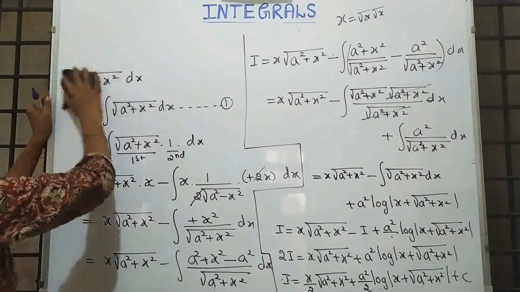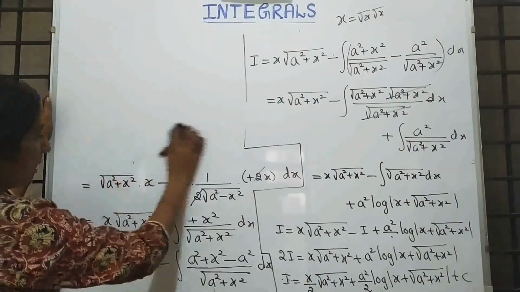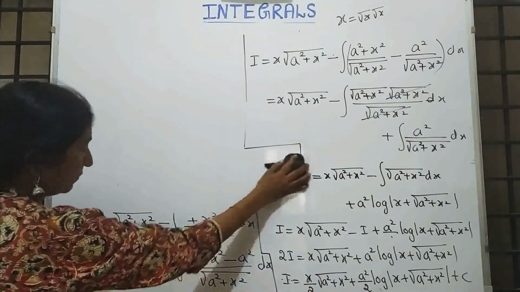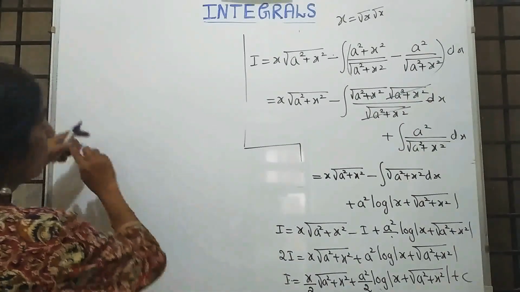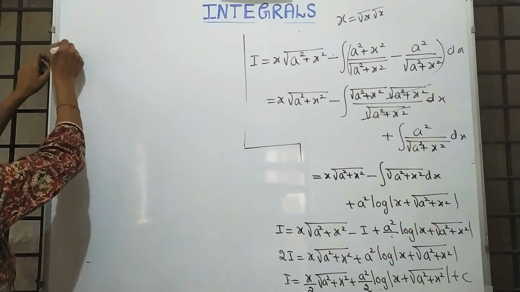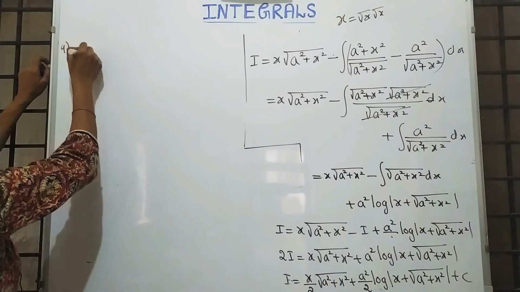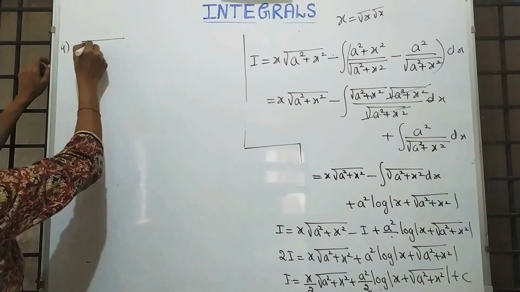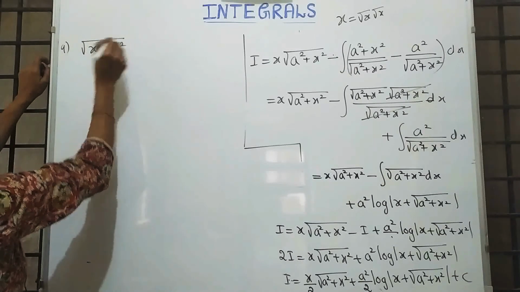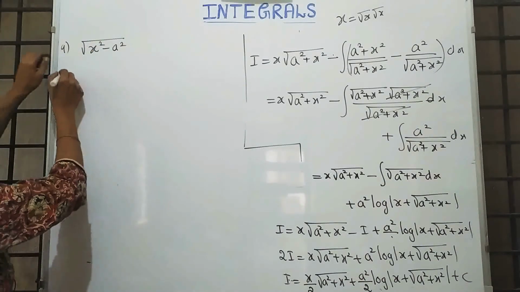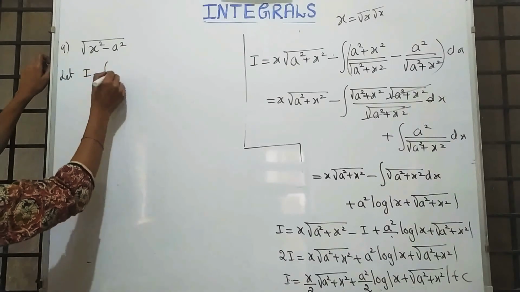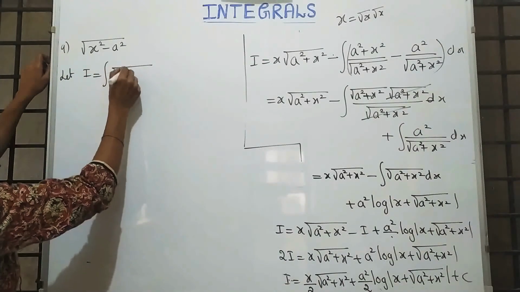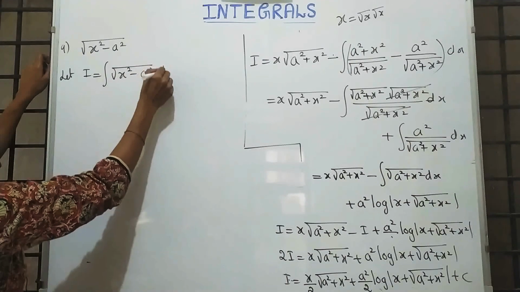9th, again I am solving each and every step. 9th is what? 9th one is find the integral of root of x square minus a square. Write down. Let I is equal to root of x square minus a square into dx.